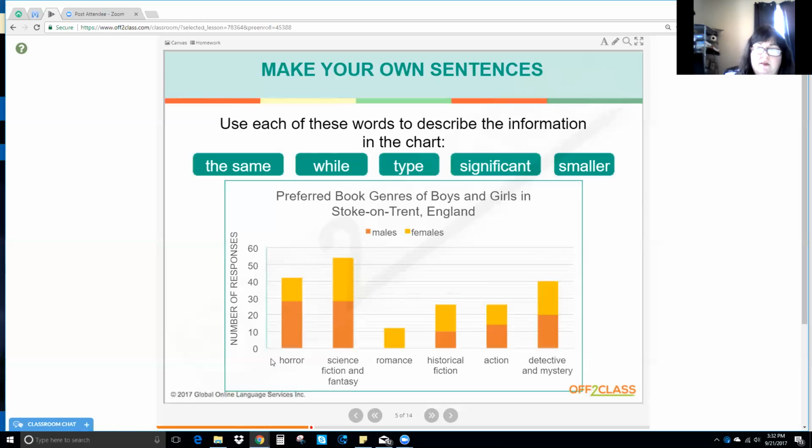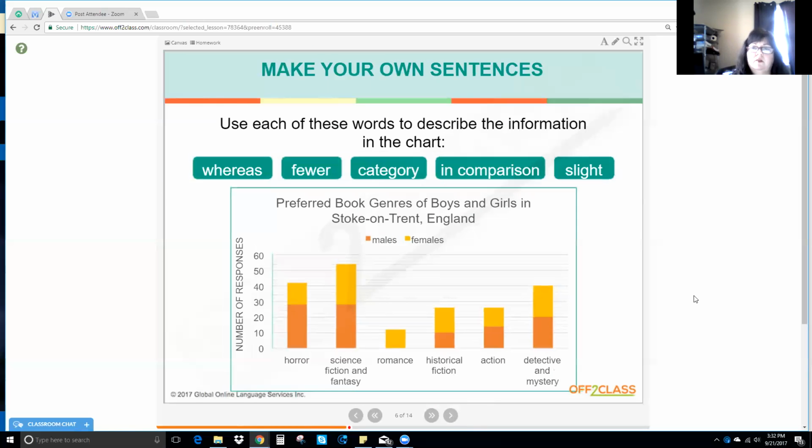Boys like science fiction and horror the most. A smaller number of boys prefer historical fiction. Okay, so that's some examples of how we would use those. Okay, so you might have heard me use some of these.